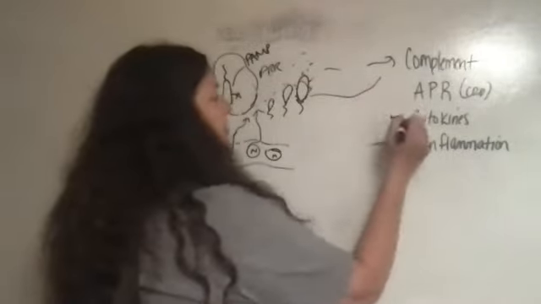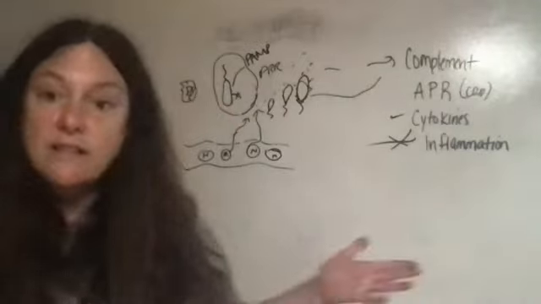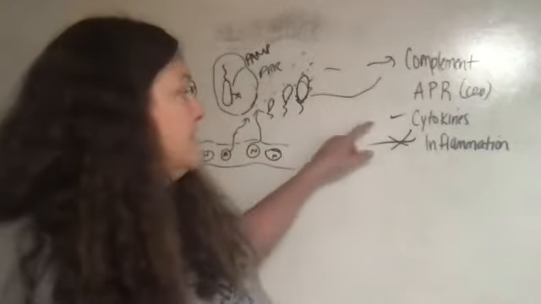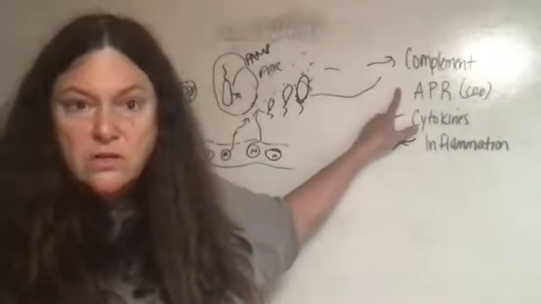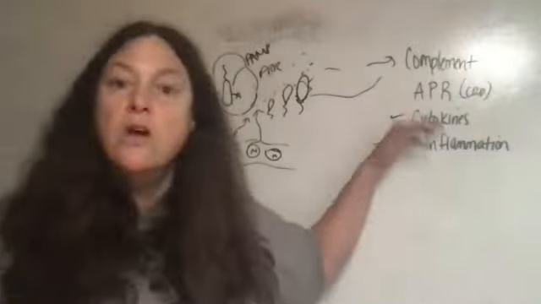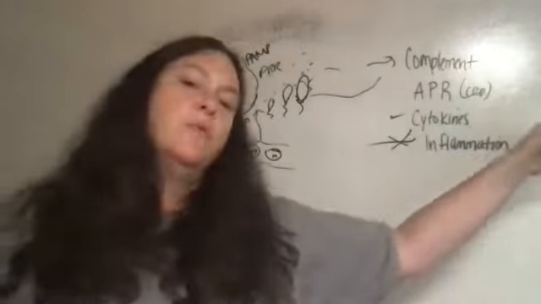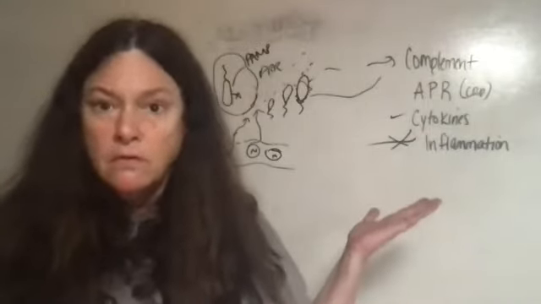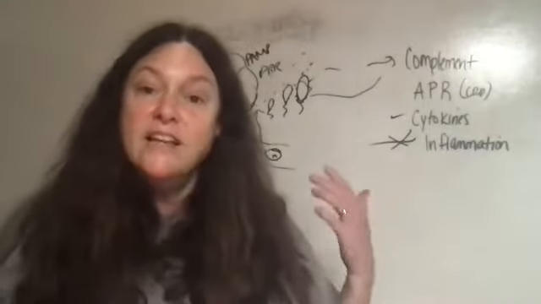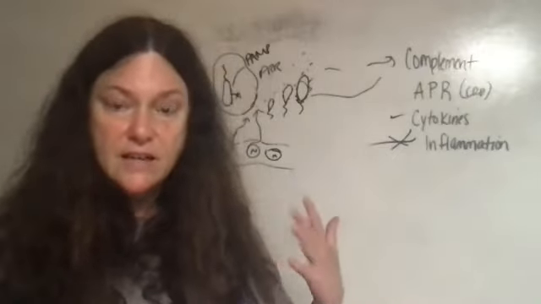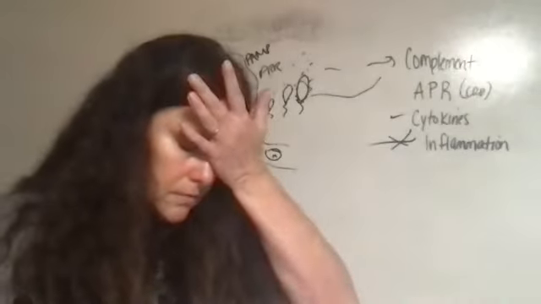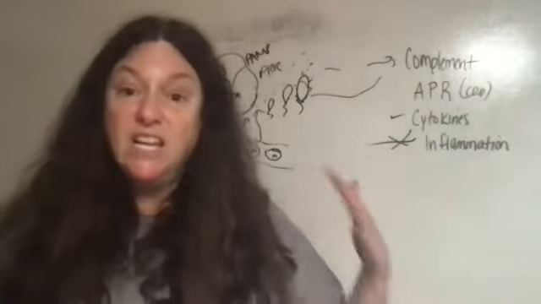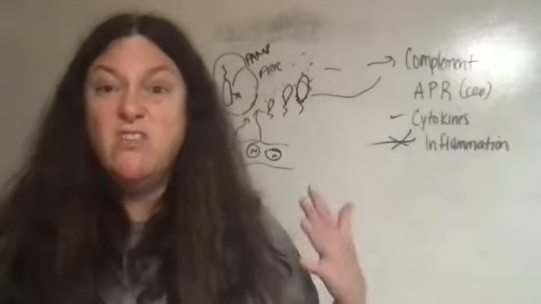So we've got cytokines. Now, acute phase reactants like CRP. These acute phase reactants are in your serum, and all of a sudden there's inflammation. The first thing CRP does is start replicating, making more CRP like crazy.